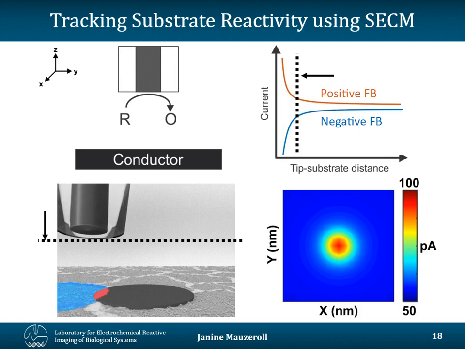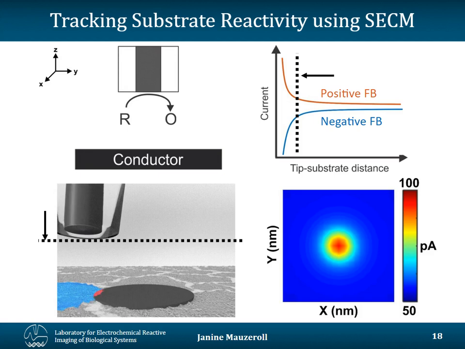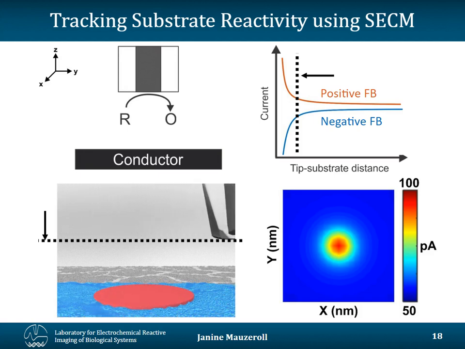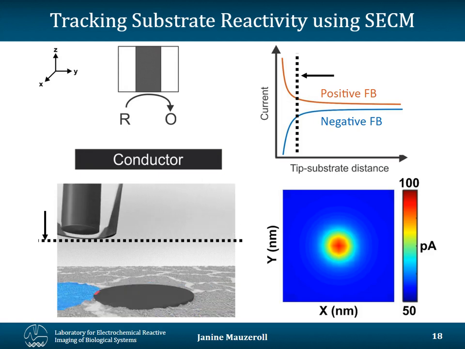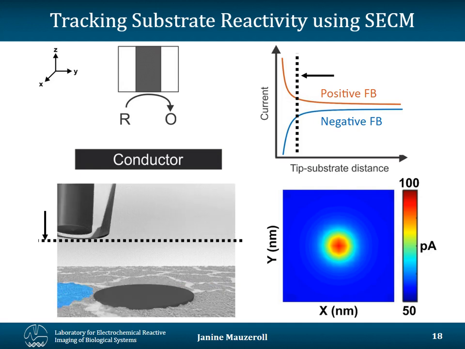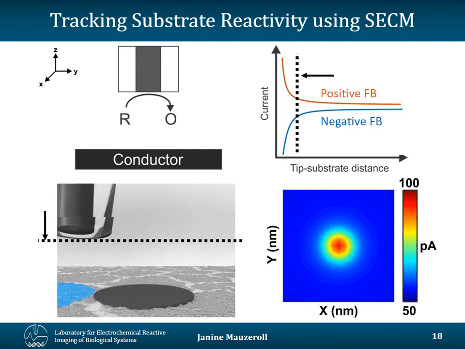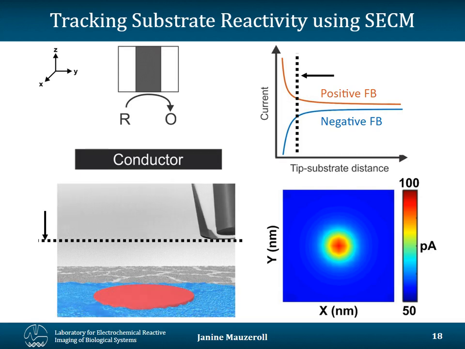And then you end up having SECM images across the XY plane, where in the middle, for example, I would have a hot feature where the current would be much higher in red, around 100 picoamps. And if it's surrounded by an insulator, the current would be much lower.